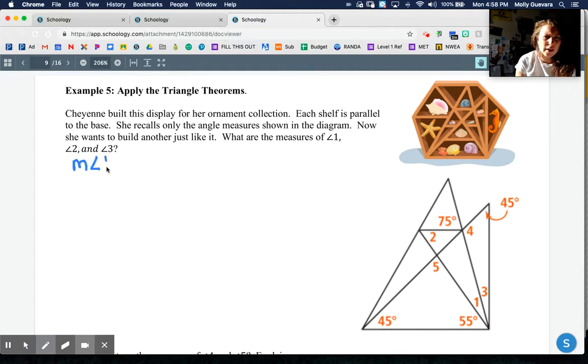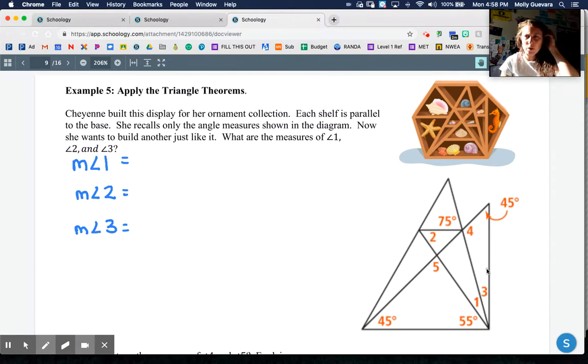So I want angle 1. I want angle 2. And I want angle 3. So we're going to do this slowly. And again, just like what we did in lesson 2.2, where we take something that looks really complicated, but we only pull out pieces that are relevant to us. Okay, so hopefully that makes sense what I'm saying.